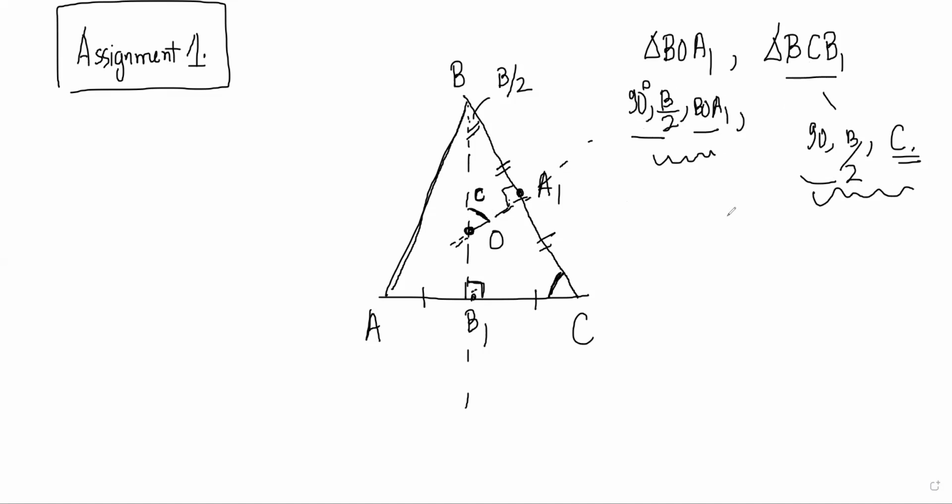So we can say that BO by BA1 will be equal to BC by BB1, by doing similarity ratios.